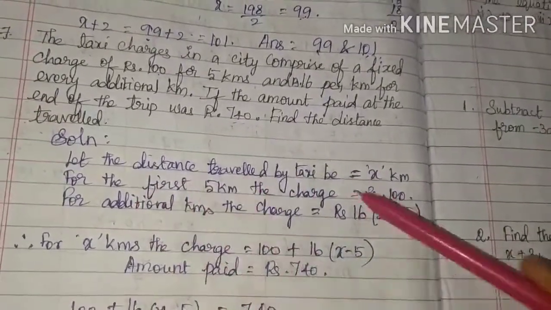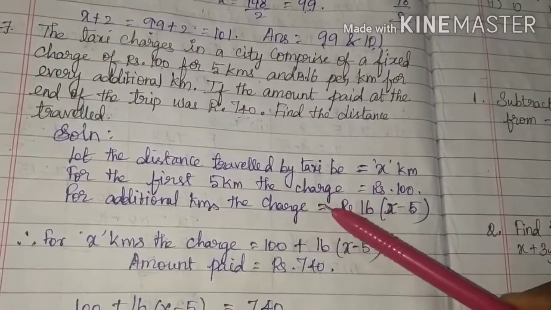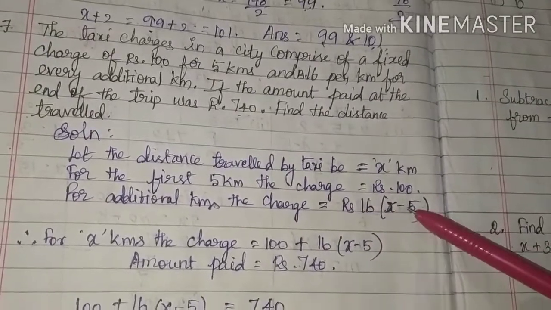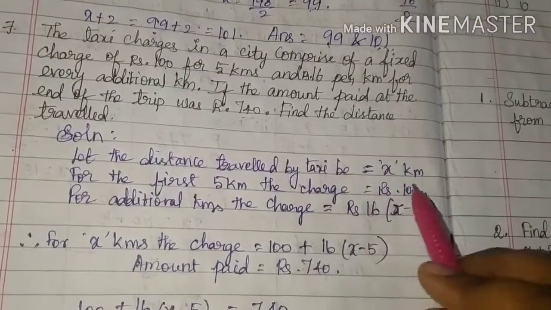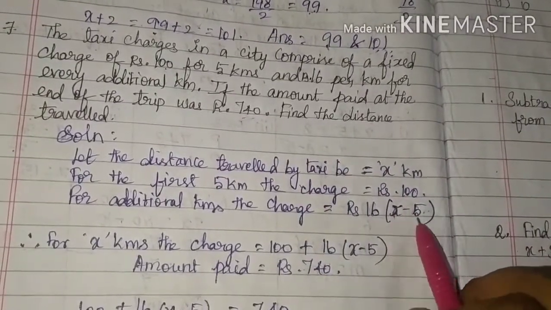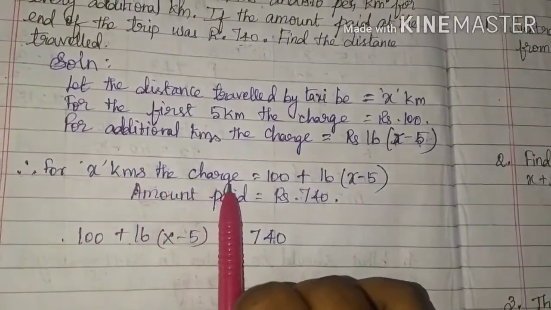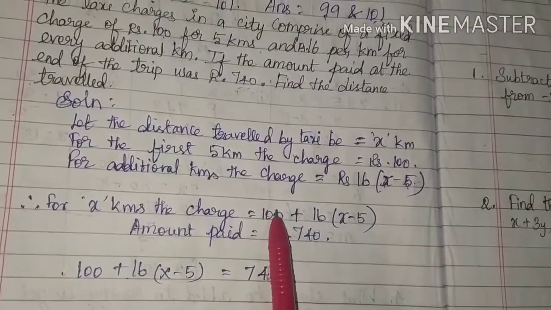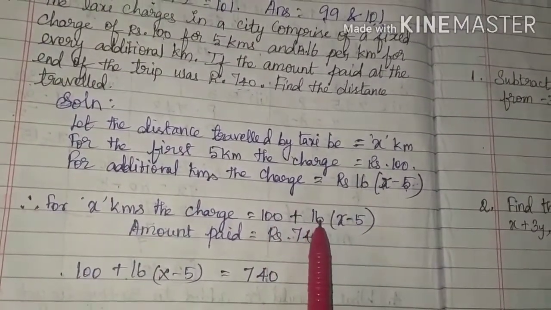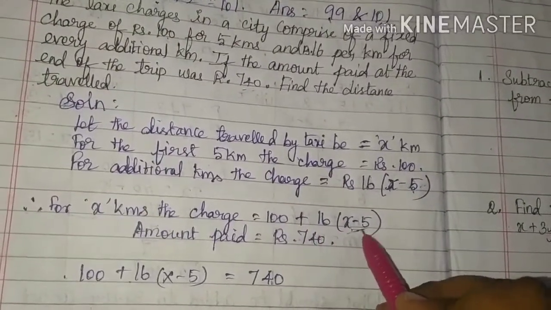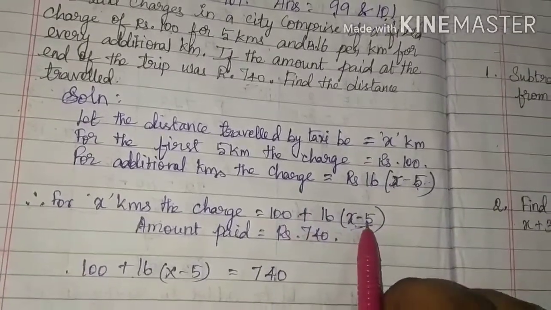So I have given x kilometers. For the first 5 kilometers they charge rupees 100. For the additional kilometers they charge rupees 16 for x minus 5. Why I have given x minus 5 is because already they had charged rupees 100 for the first 5. So therefore for x kilometers the charge equals 100 plus 16 times x minus 5, because the first 5 kilometers were included in the 100, so we have to reduce it here.